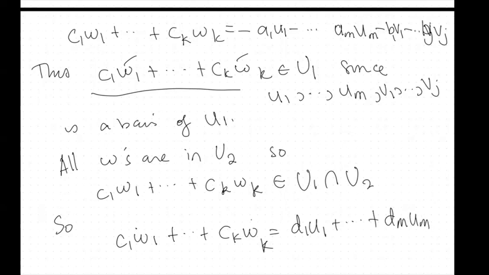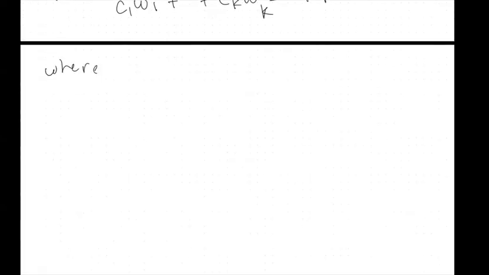Here, U1 to UM is a basis for U1 intersection U2, where these D's are scalars. Now what?